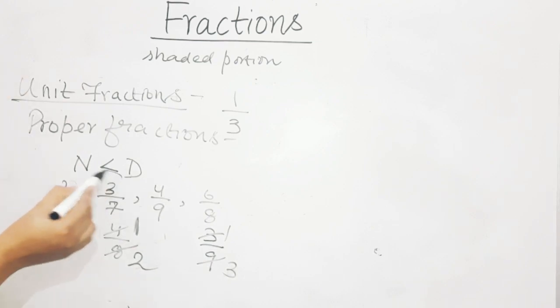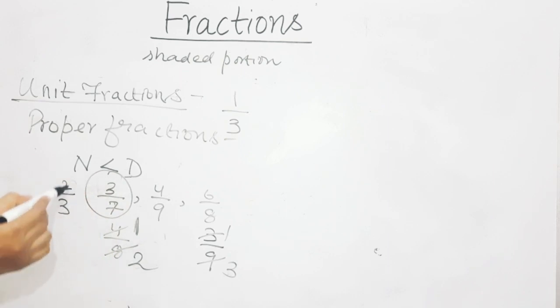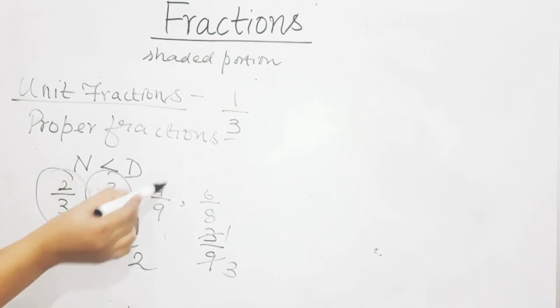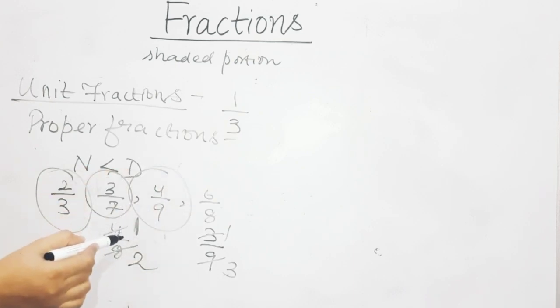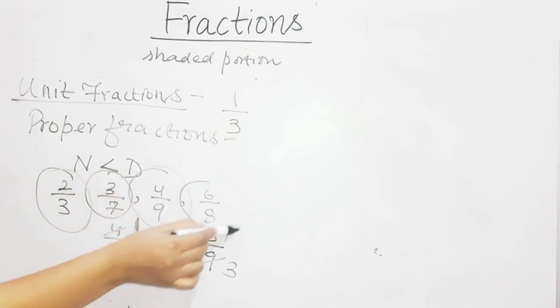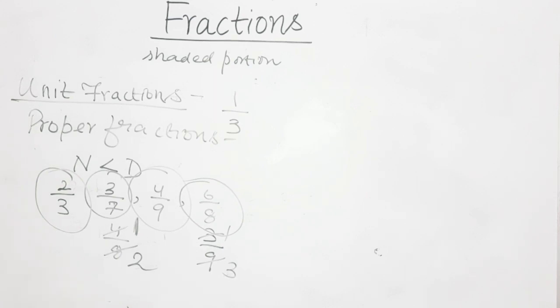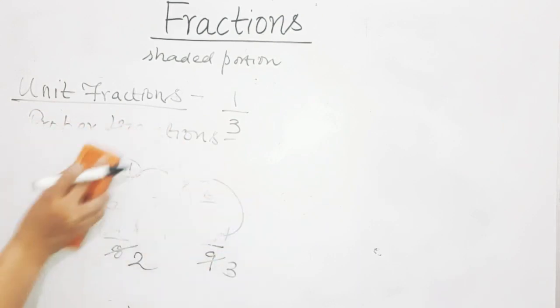As you can see, this is a proper fraction but not a unit fraction. This is also a proper fraction but not a unit fraction. This is also a proper fraction but not a unit fraction. So from this, what have we concluded?